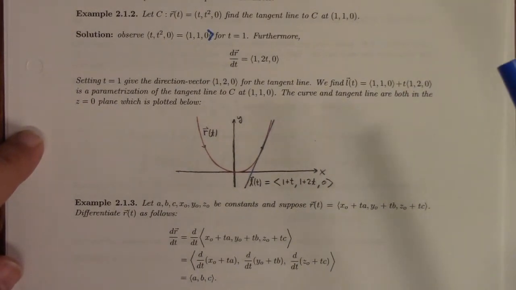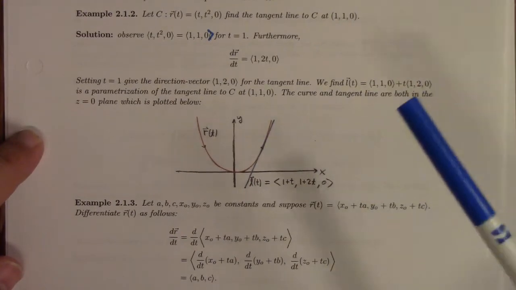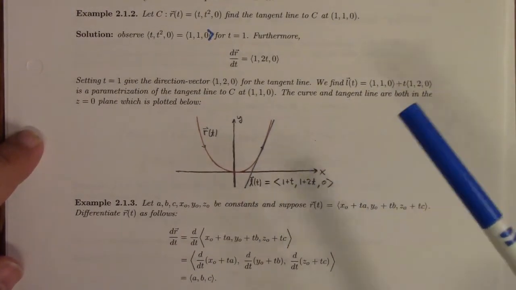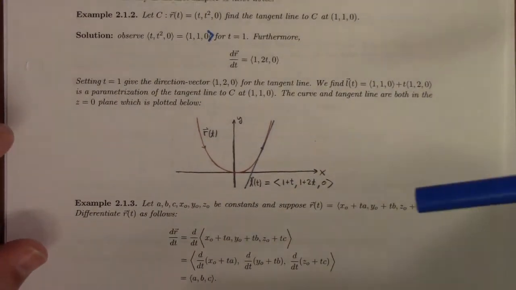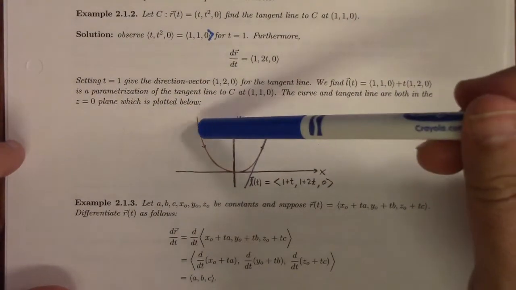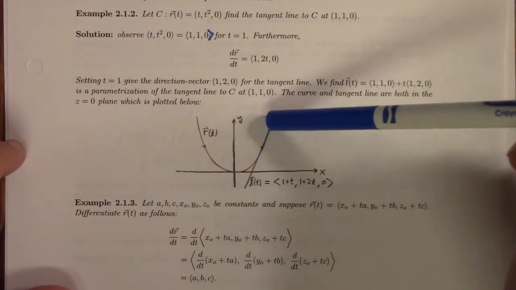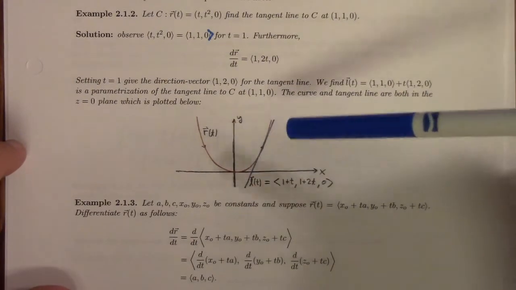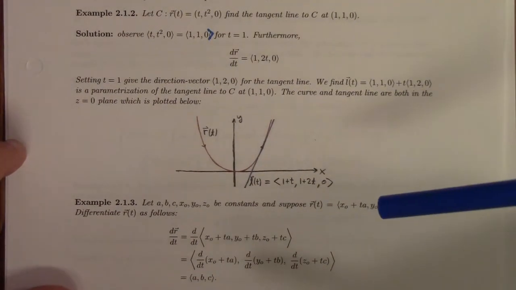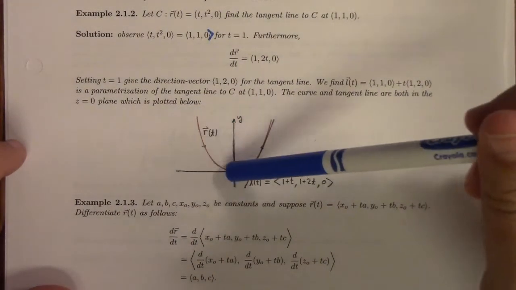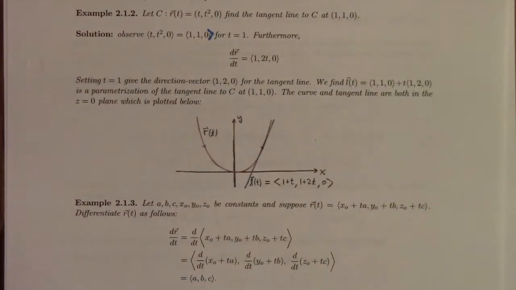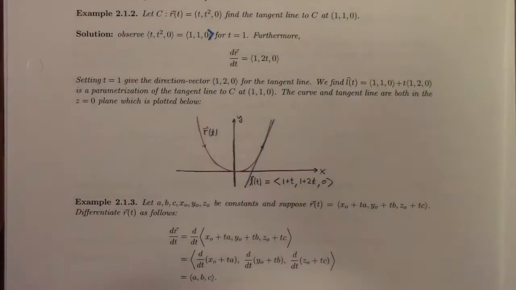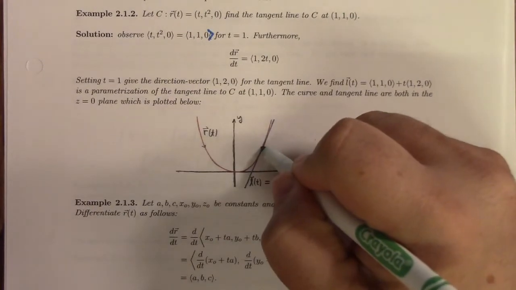And as I said, the curve and the tangent line are both in the z equals 0 plane, which is plotted below. So I've used time for the parameterization of both the curve and also the tangent line. The way I have it set up right now, for the red curve, when we get to that point of tangency, it's time 1, right?